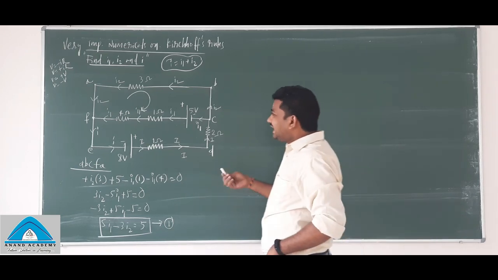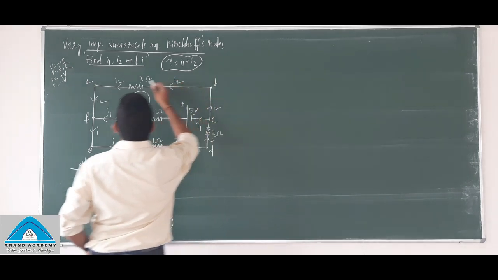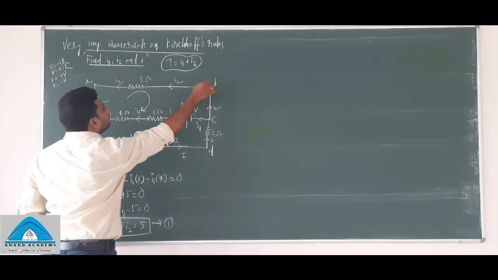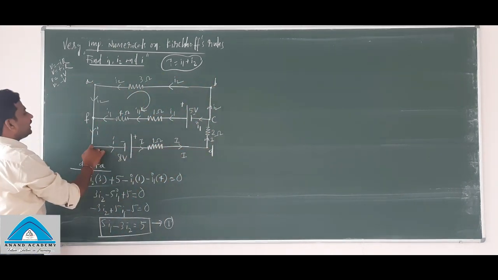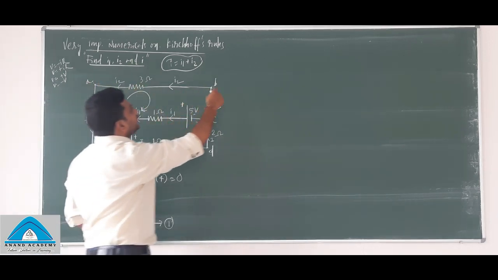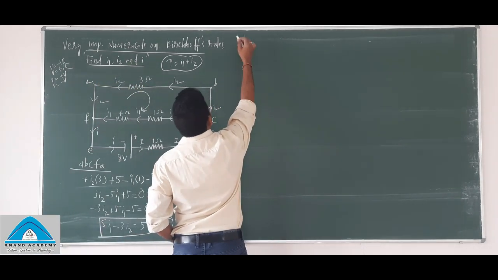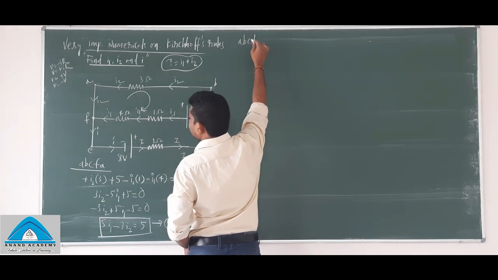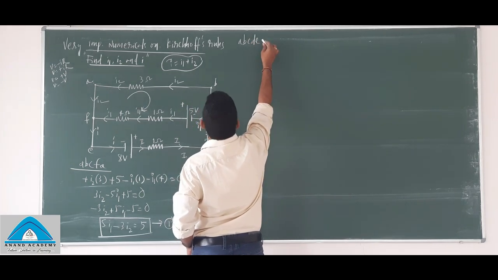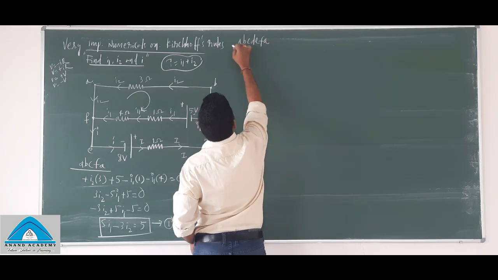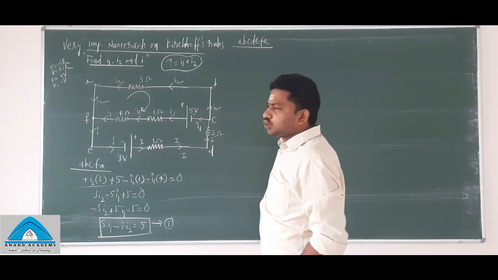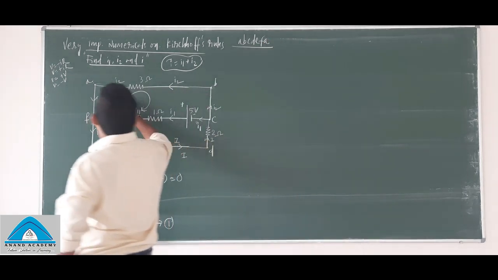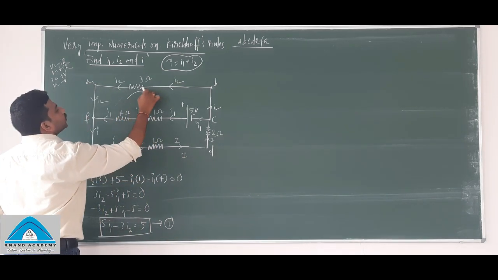So now let's take another loop here. Let me take the big loop A, B, C, D, E, F, A. It's a big loop, and in this loop also I am taking it in this way only.